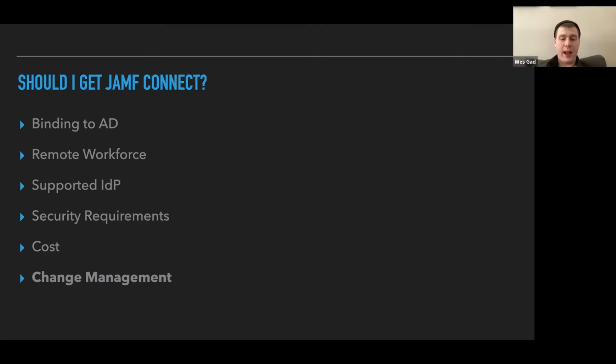If I were to add anything to that, what we've seen in our environment is that prior to me joining the company, they had deployed Jamf Connect with a good percentage of the computers still bound to Active Directory running as mobile accounts. And so that caused a bit of a headache.